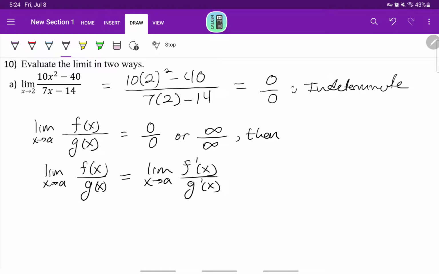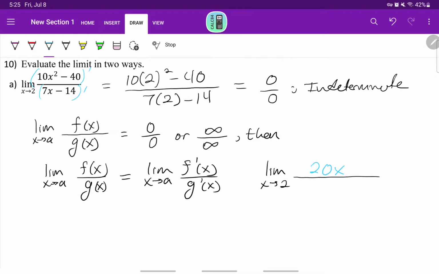So let's go ahead and do that. I'm going to take the derivative of my numerator and the derivative of my denominator. And when I do that, that is going to be the limit as x approaches 2. The derivative of 10x squared is 20x. The derivative of 40 is 0.